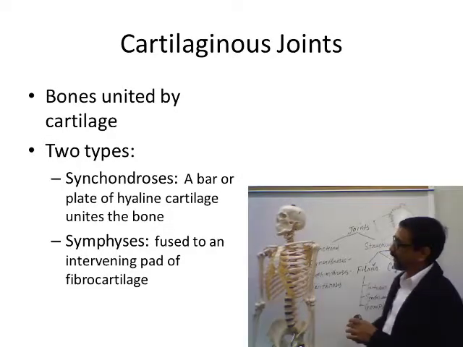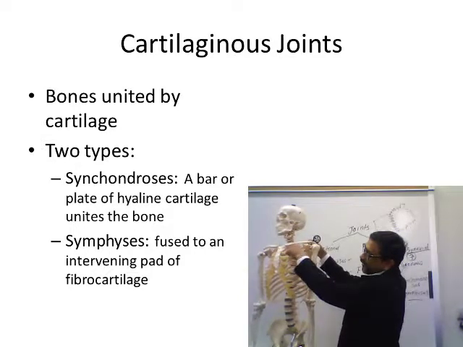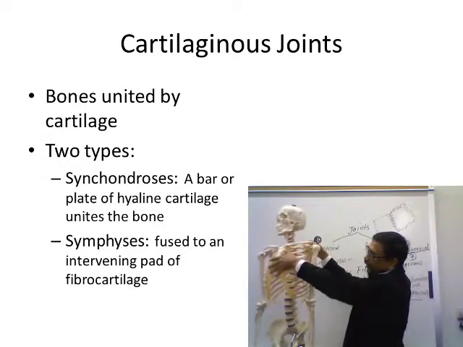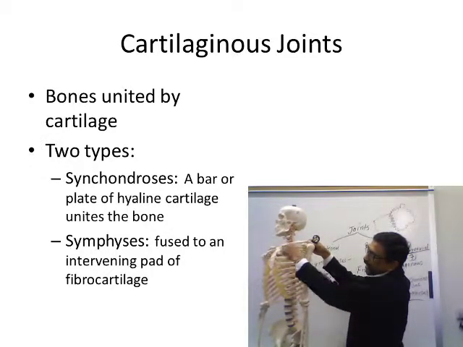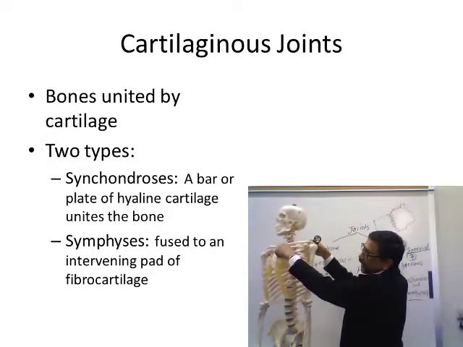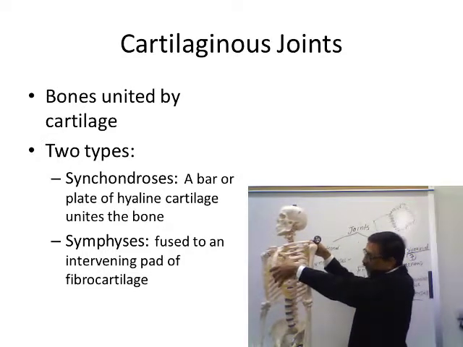But here one thing to know is that only this one is synchondrosis, cartilaginous, but all these belong to synovial. We are not talking about this. Although these ribs are connected by hyaline cartilage, inside the joint here we have small cavities. That's why they belong to synovial.